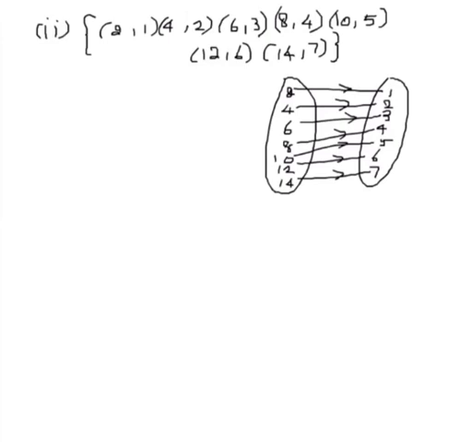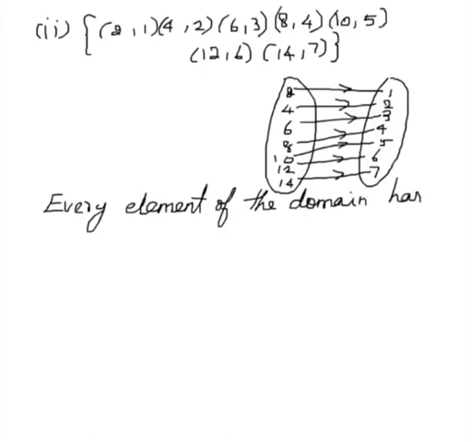Is this a function? Yes, distinct elements have distinct images. So every element has a unique image. Let us write that reason. Every element of the domain has a unique image.